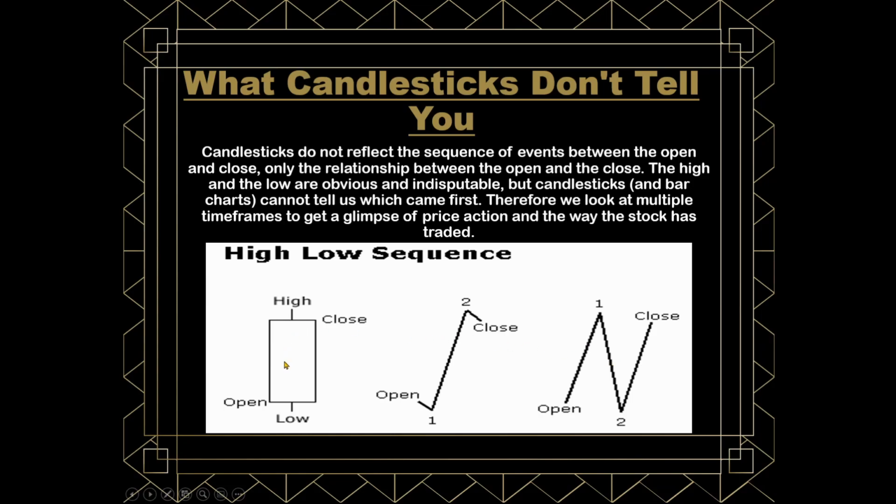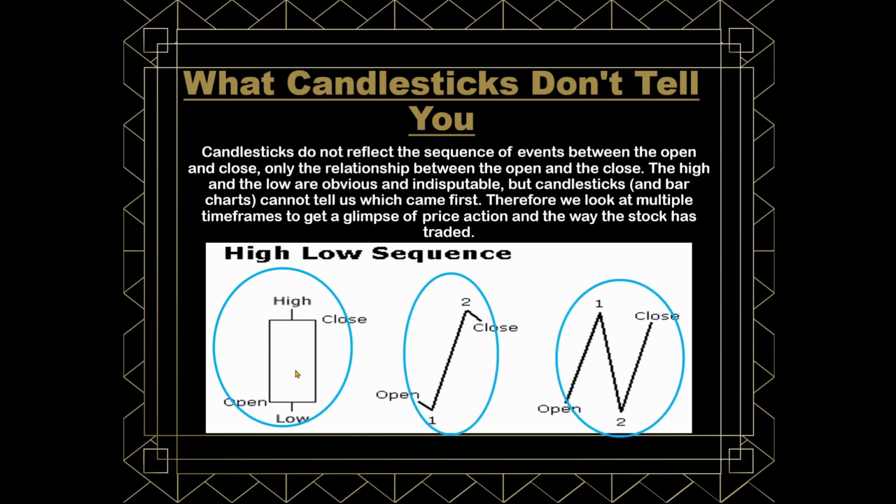Your candlestick charts on the left here, your bar chart in the middle, and your line chart. With candlesticks, what they're saying in this paragraph here, if you're looking at a 10-minute time frame, one candlestick is 10 minutes. It can tell you the high with the wick, the low with the bottom wick, the opening price, and the closing price.